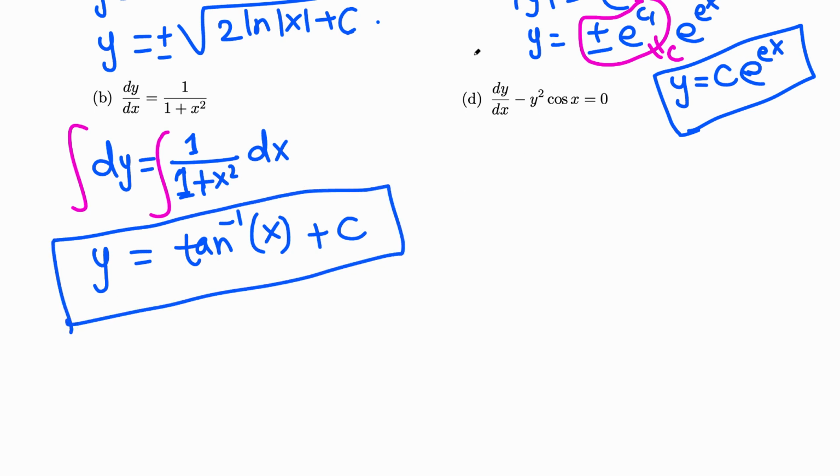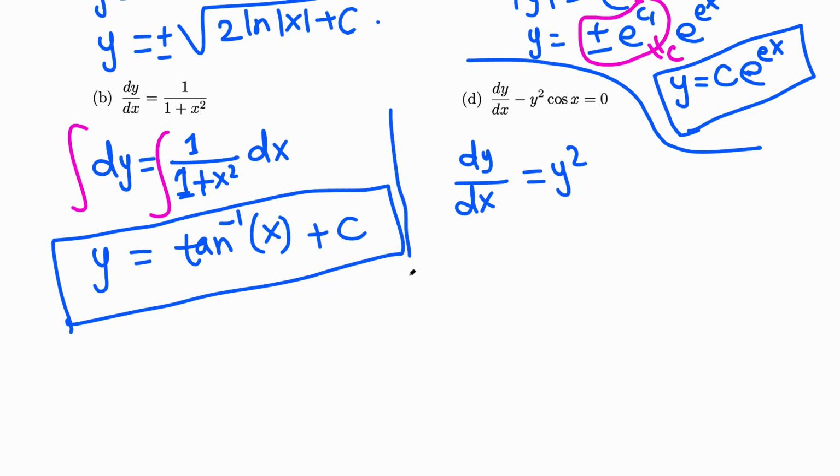And here comes part d. We need to move this term to the other side first. We are trying to separate variables first, then integrate and isolate y. So we got dy over dx minus, which means add y squared cosine x to both sides, giving y squared cosine x.